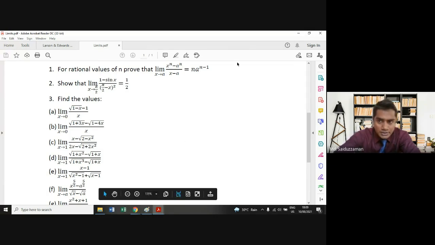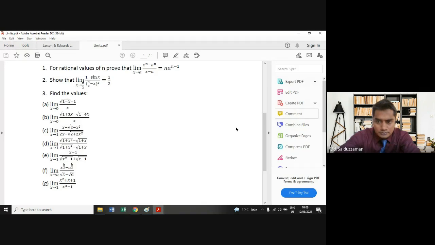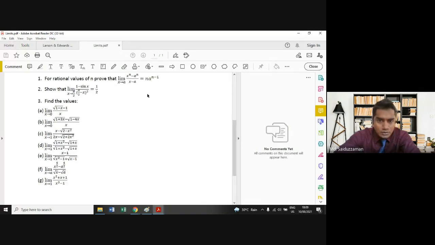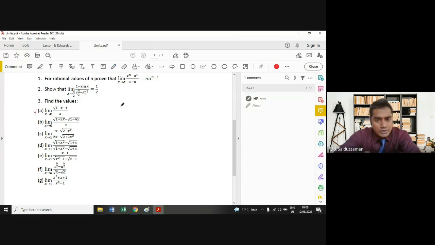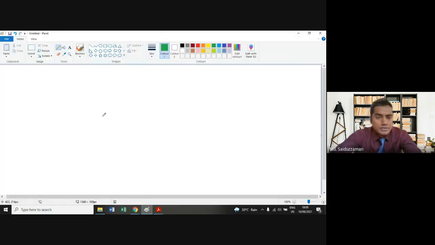Okay, then the first one is, I'll mention it here. So the first one, what is it saying? So the type of limit, or it's better if I give you another example at first, then it will be easier.